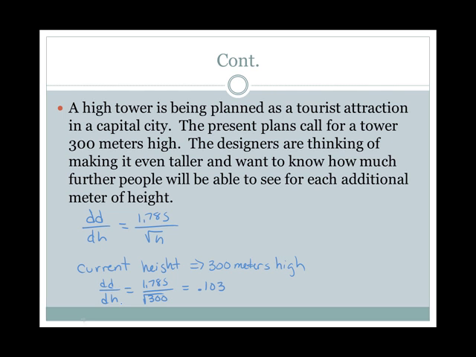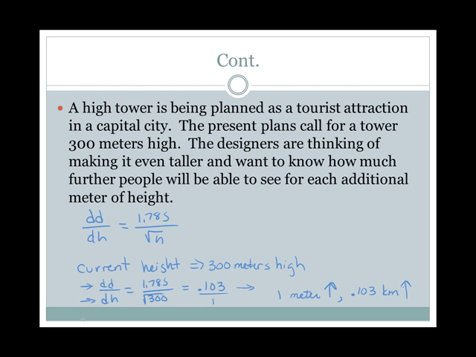So what does that mean? Well, I could technically put a 1 under it because I have dd over dh. So for every 1 meter I go up, my change in distance is going to be 1.03 kilometers increase.